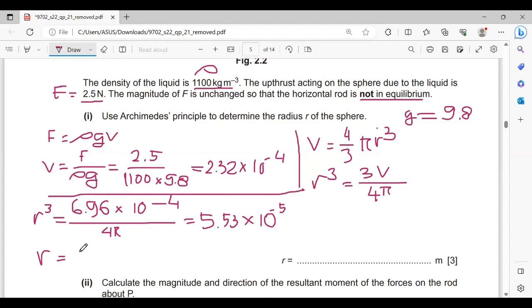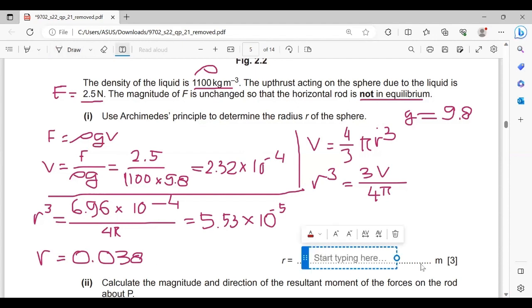R equals 0.038. That's the result. So we state here that R equals 0.038 meters.